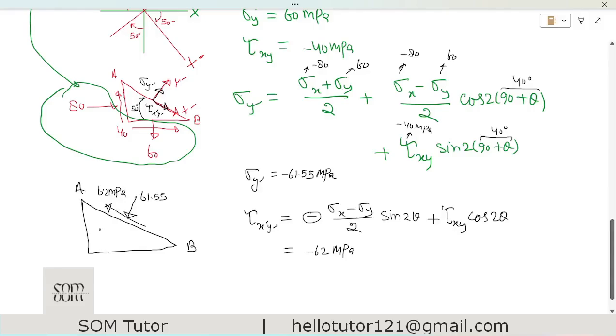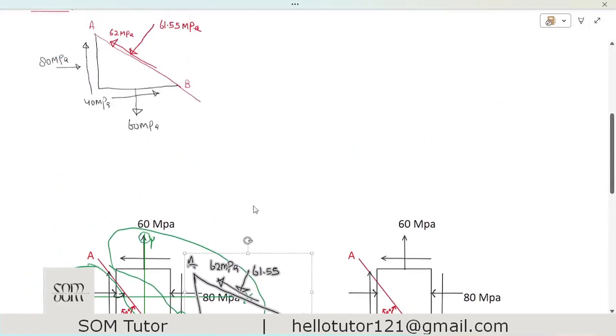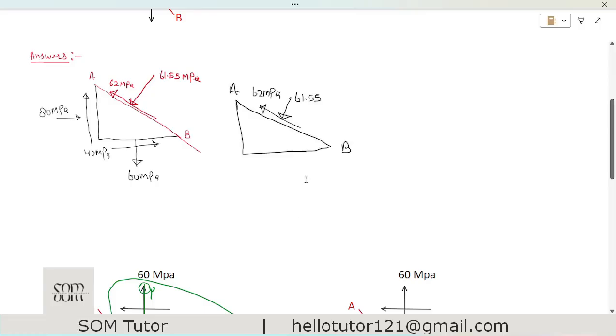megapascal. Okay, now if we compare it with our answer here, let us compare it. So you can see 61.55 we got, it is towards AB, so this is right, and 62 megapascal is towards A, right.